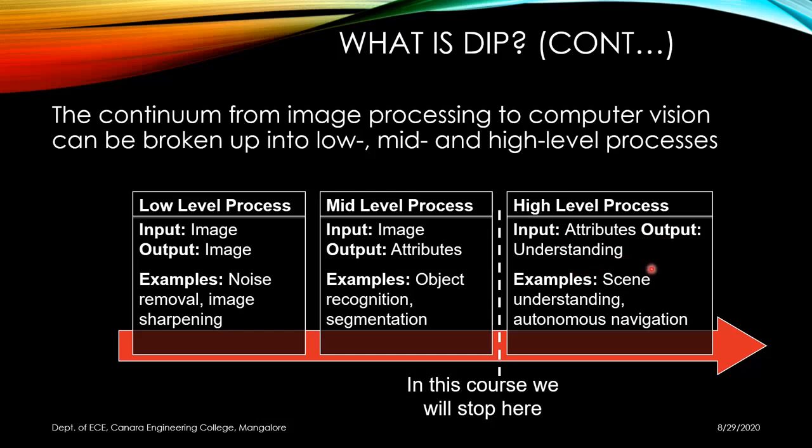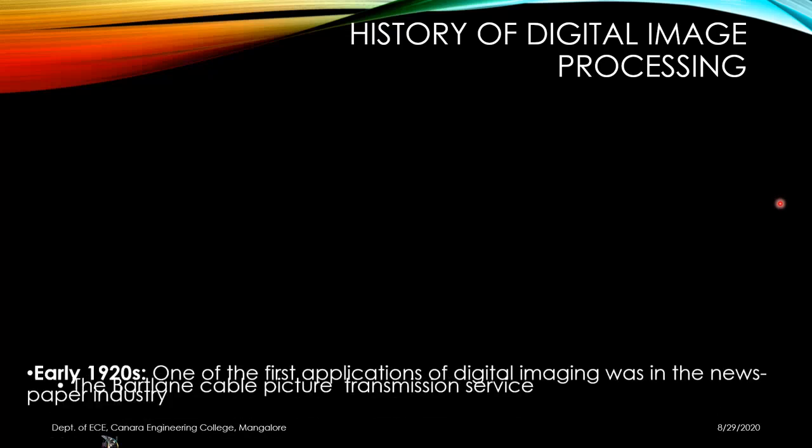Let's look at the evolution of digital image processing techniques and how we ended up with the systems that we have today. So it all began with the newspaper industry and their need for getting images across the Atlantic. US and Europe had lots of communication.